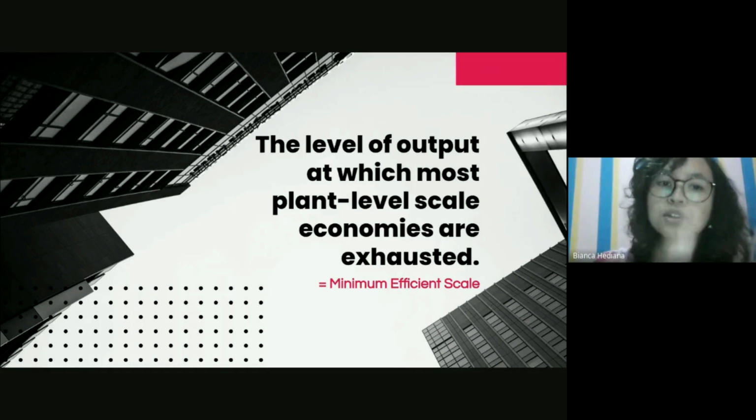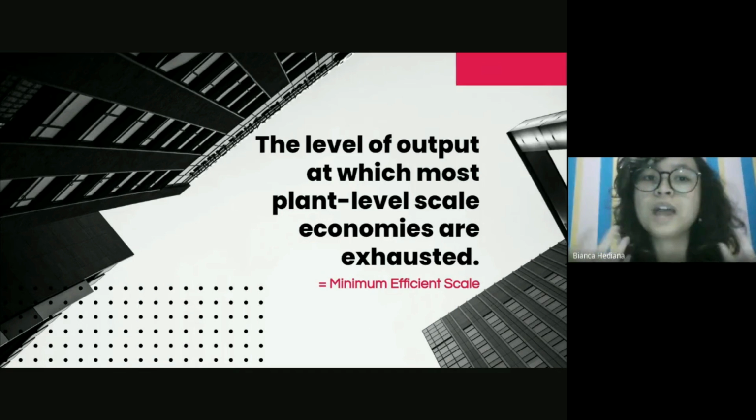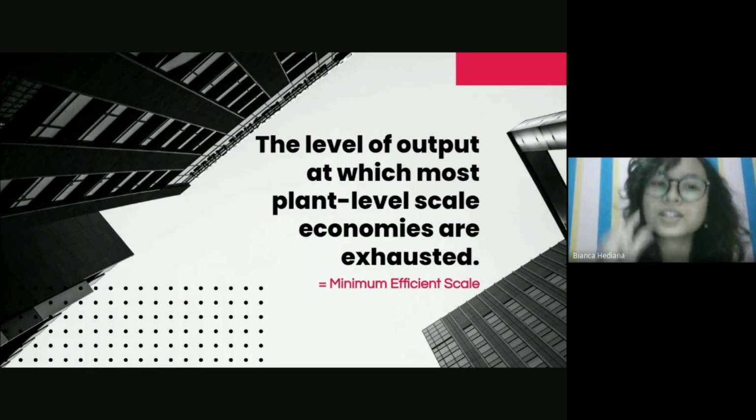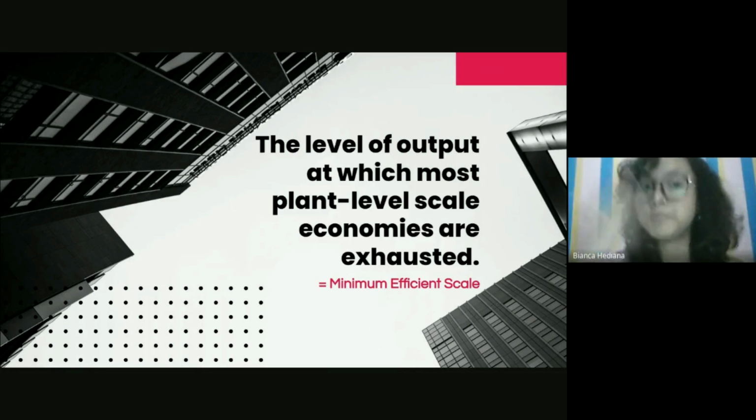Thus, the unit cost curve declines with output until a certain output level is reached, at which point further increases in output realize little reduction in unit cost. The level of output at which most plant-level scale economies are exhausted is referred to as the minimum efficient scale of output.